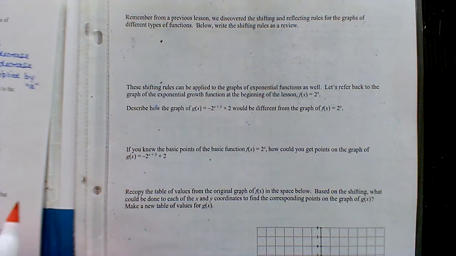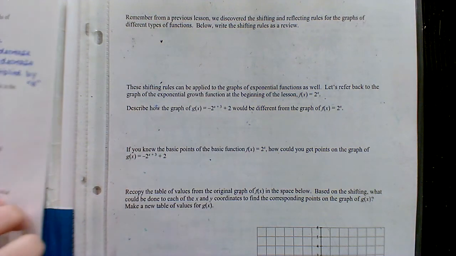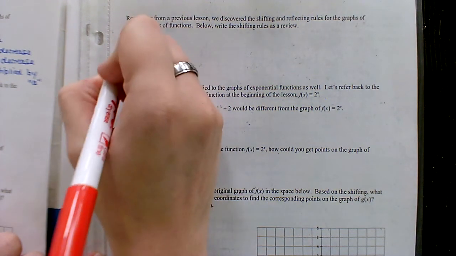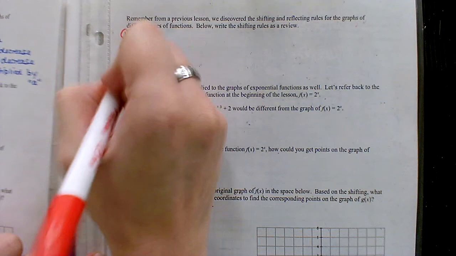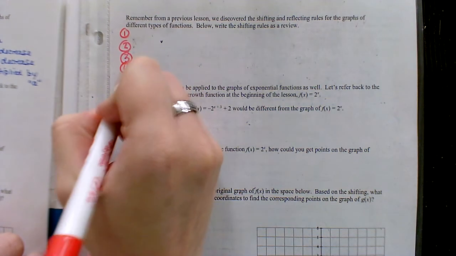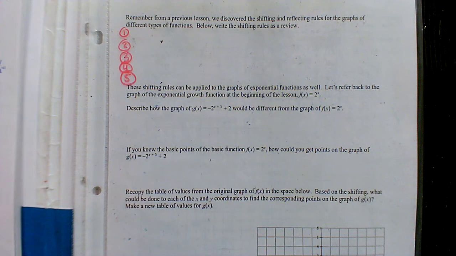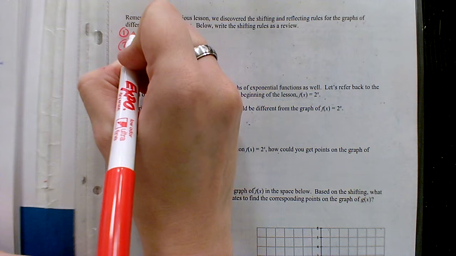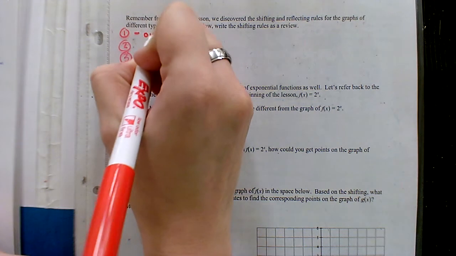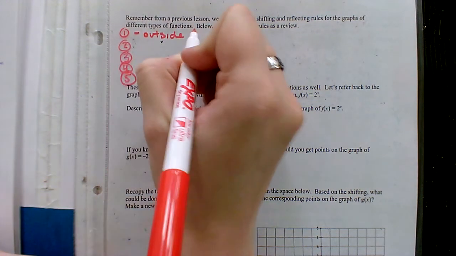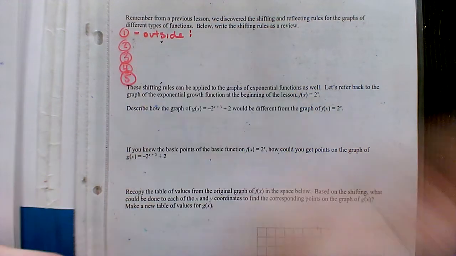So from previous lessons, we've done different types of shifting and reflecting. We've had, I think, 5 different ways we can change a graph. All right, so maybe we'll first start off with, what if we have a negative on the outside of the function?